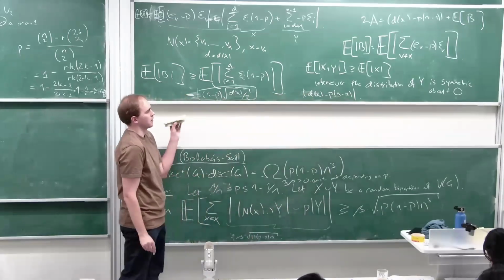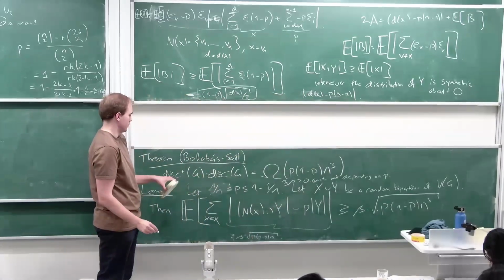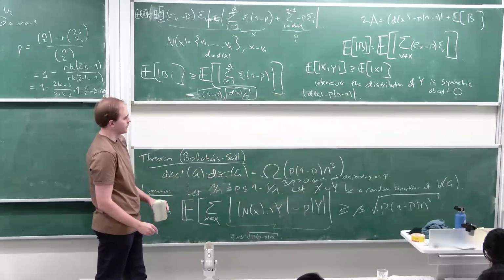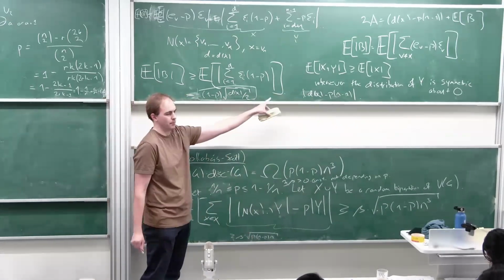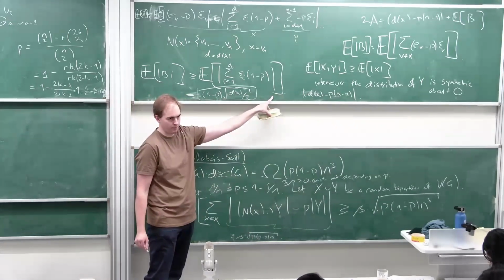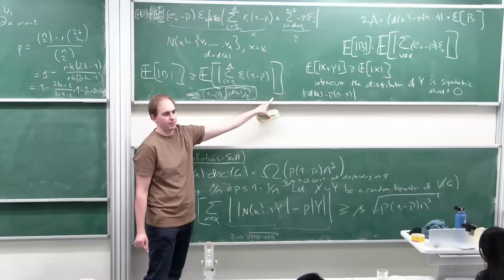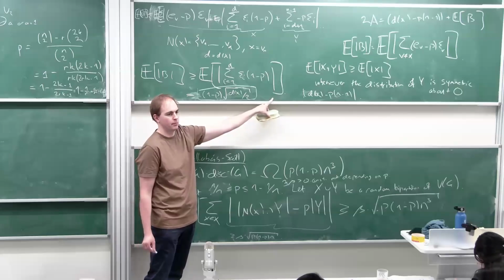My total bound for the contribution of vertex x is basically proportional to the sum of these two terms. Now the question is, when is this minimized? And there we say that it's minimized when d of x is close to p times n.